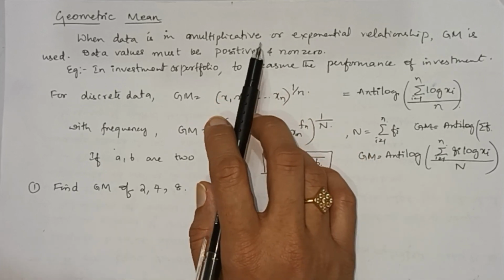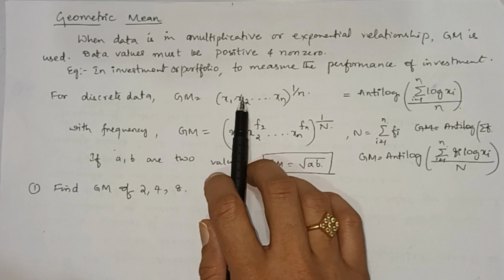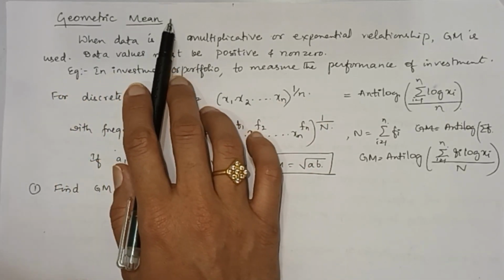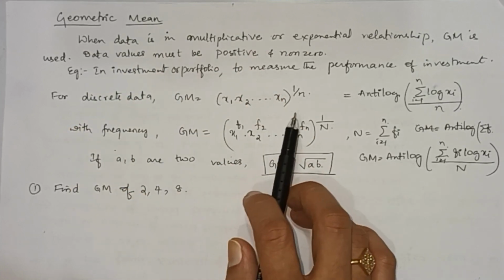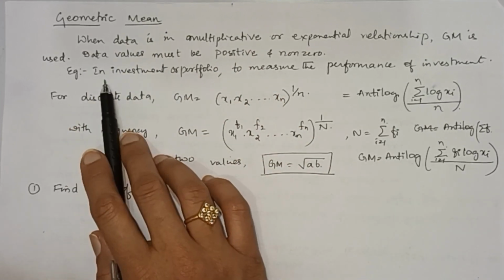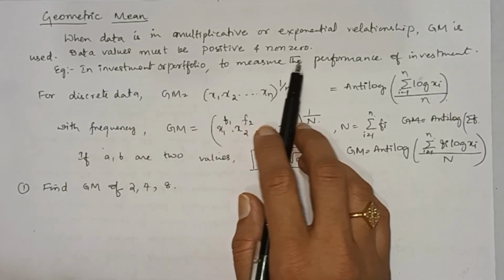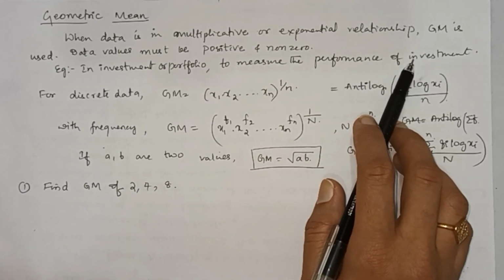If you have any zero data value, the geometric mean becomes 0, because in the geometric mean, instead of the sum, we use the product of data values. This geometric mean is used by an investor to measure the performance of an investment portfolio.